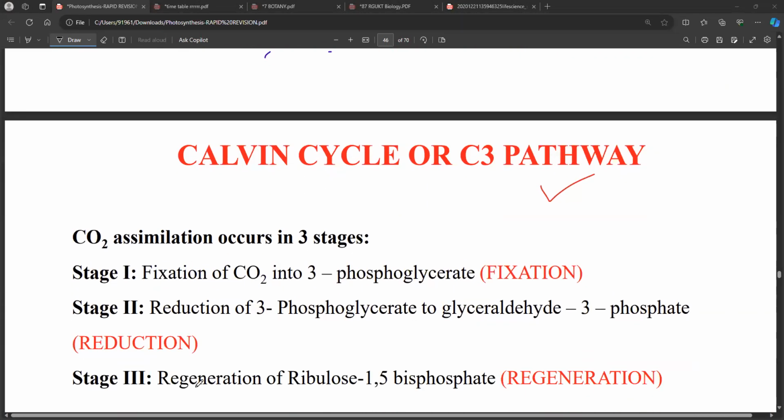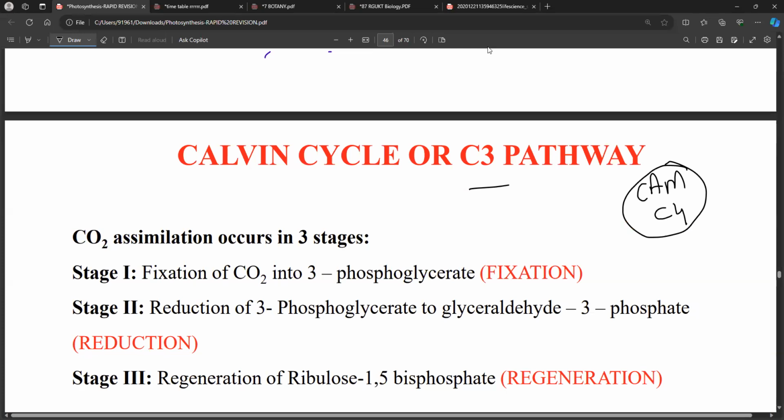Now, all the students understand? Again, all the students, use your brain slowly and answer. You have to think properly. Can I use the statement that CAM plants and C4 plants also perform the C3 pathway?